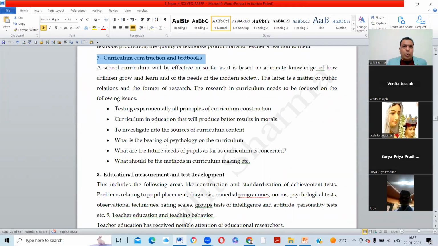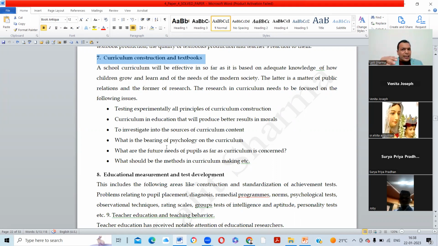So curriculum and textbooks also come under education and under the scope of educational research. Curriculum construction and textbooks also come, right guys? Because when the new education policy was made, reviews were taken from all the persons. And when a curriculum or any syllabus is made, or any textbook is written, there are a lot of mistakes in the textbooks and the curriculum, right?